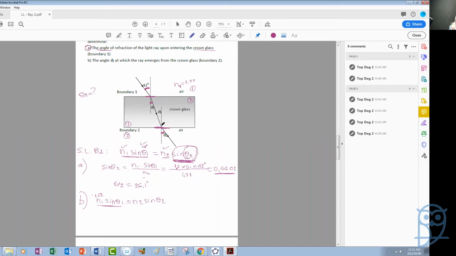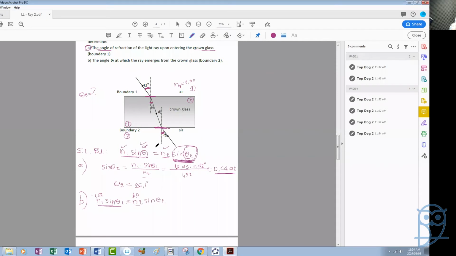This is our incident ray and this is our refracted ray, the one that comes out in the air again. So this is the medium 1 and this is the medium 2. So this refers to crown glass and this concerns the air, which is the second medium. So this is the index of refraction of air, which is 1.